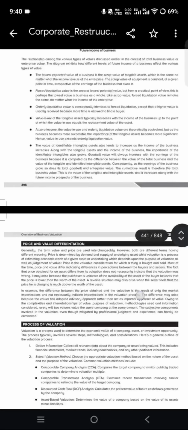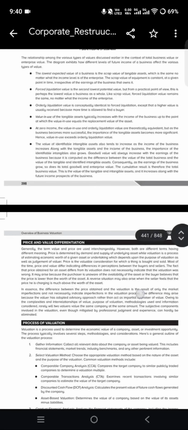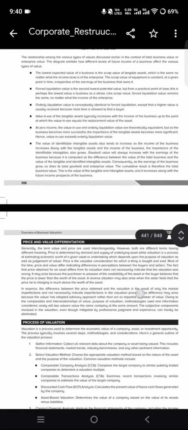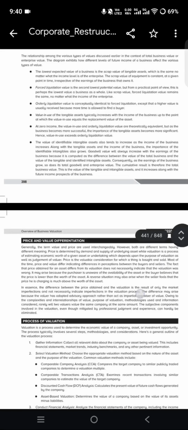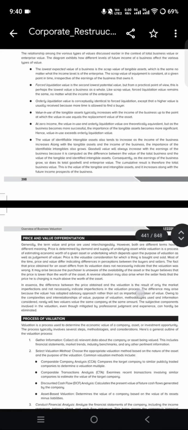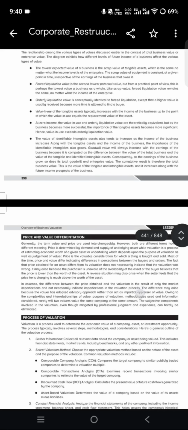Consolidated FDI policy. The price of shares issued to a person resident outside India under the FDI policy shall not be less than the higher of the following: for listed companies, listed on a recognized stock exchange, the price worked out in accordance with the SEBI guidelines.